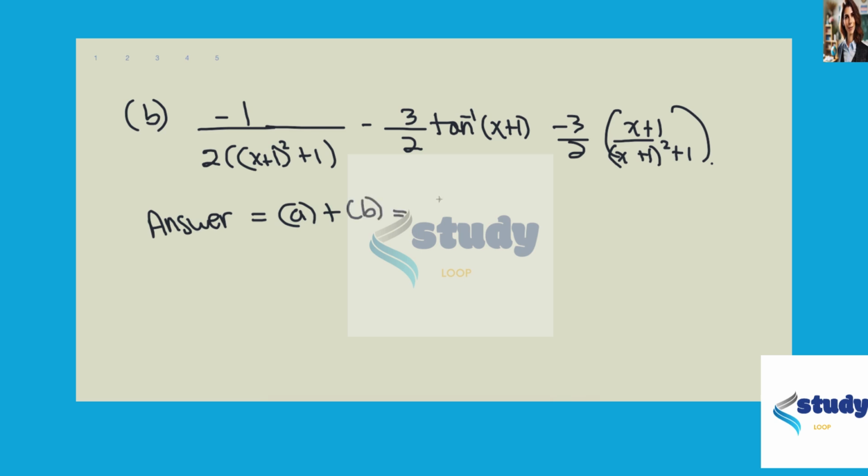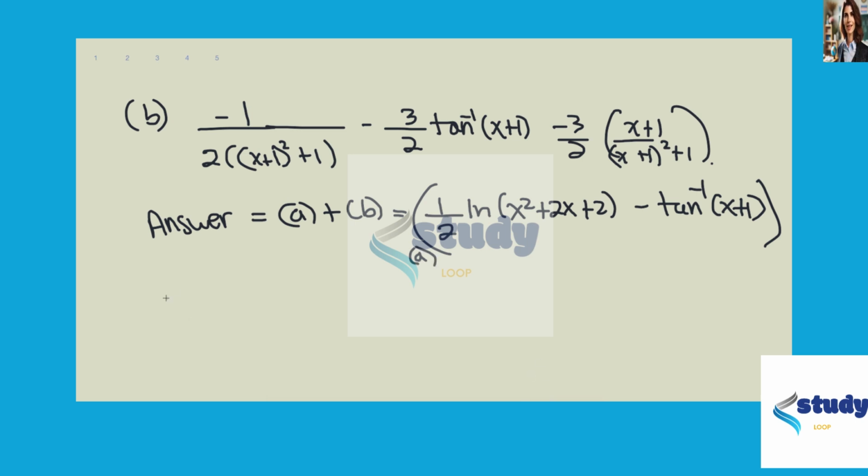And then from our previous work, this is part A. So that's A there. And then for part B, so we have negative 1/2.